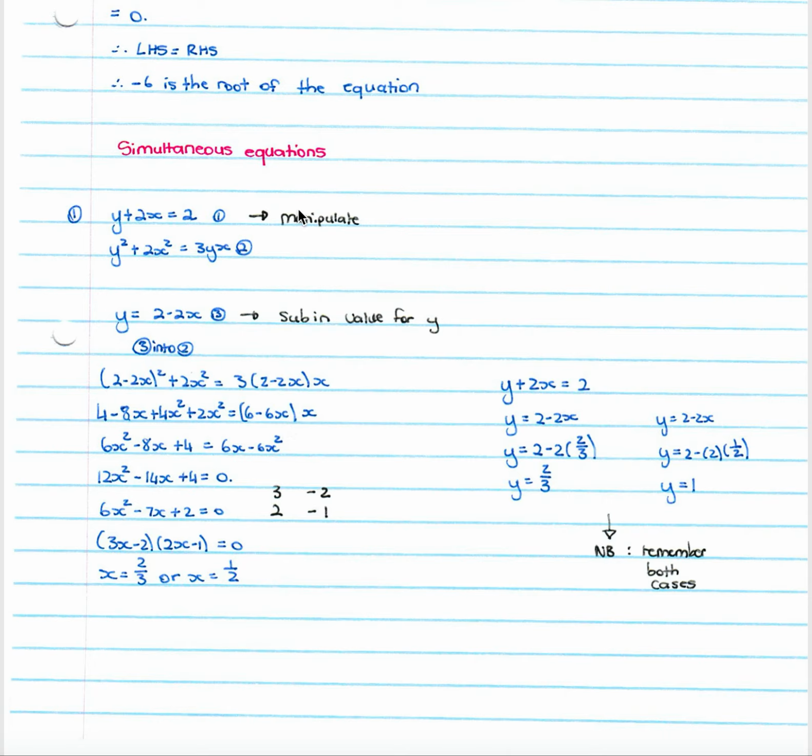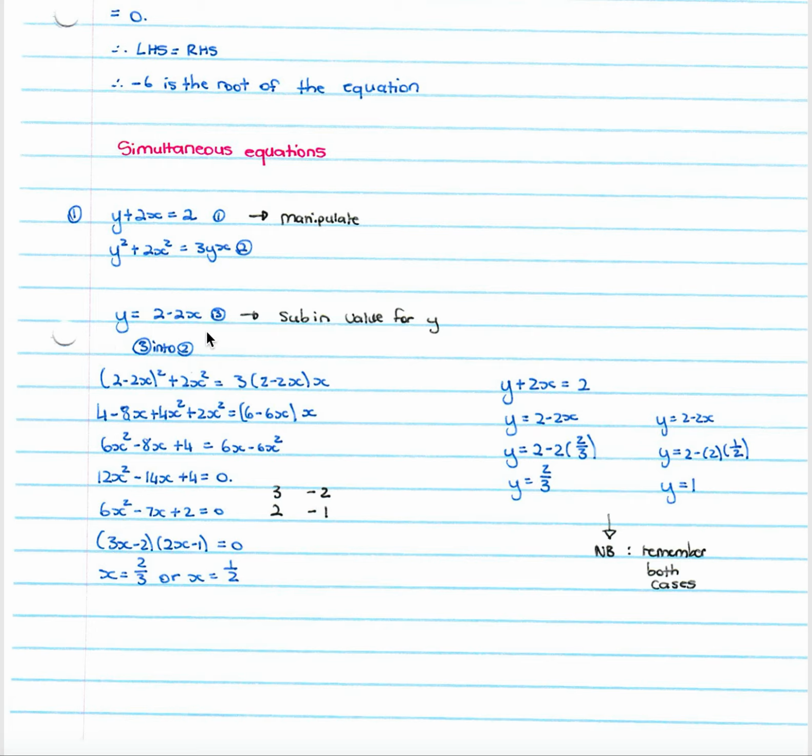Moving on to simultaneous equations. You will be given two equations involving x and y, or two variables. You need to manipulate them to get one of the variables to be equal to a certain expression. As seen here, we manipulate this equation to be y equals 2 minus 2x. We want to be able to sub this value in for y, wherever y is present in this equation.